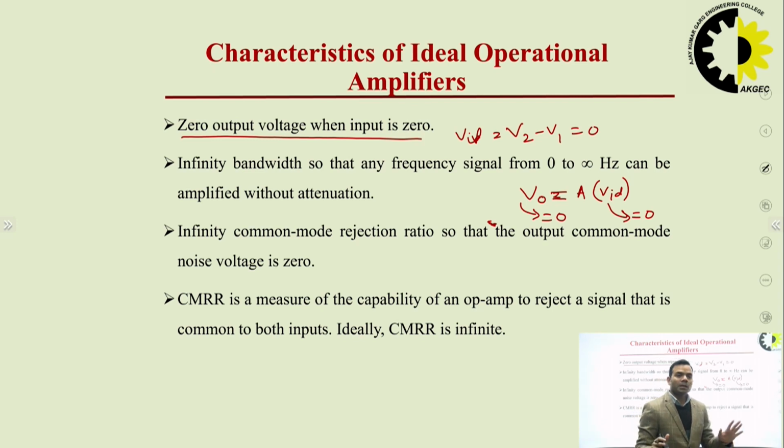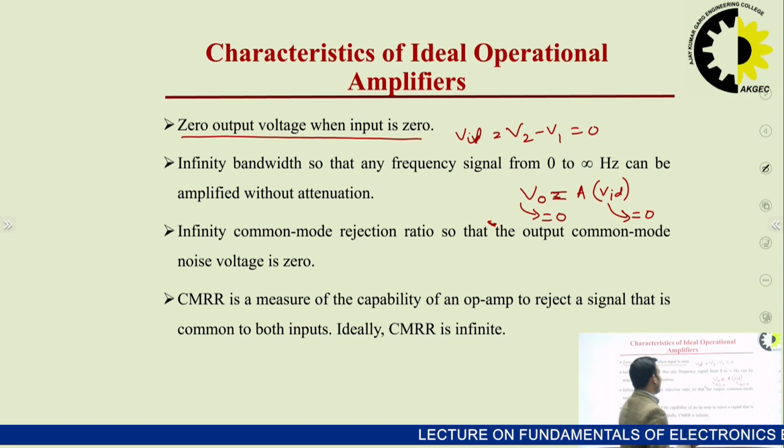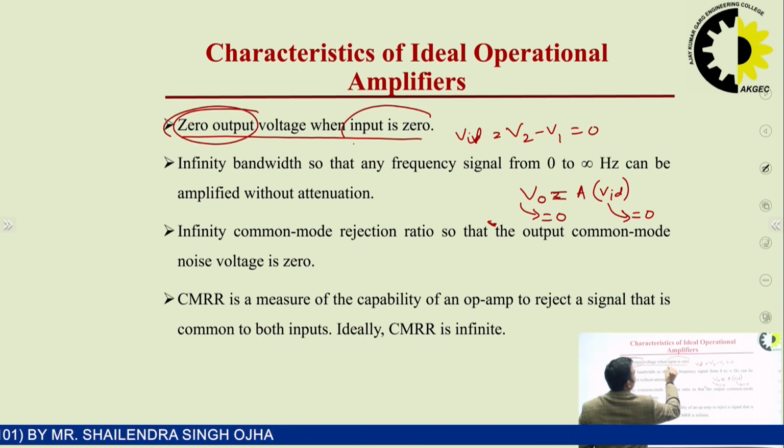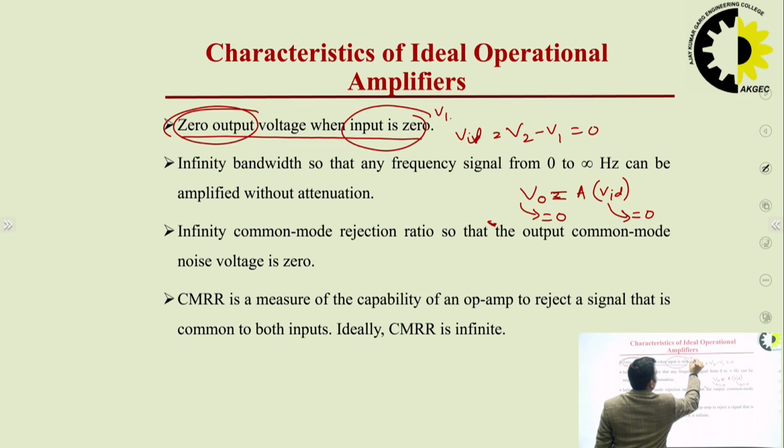Ideally, it is correct. But practically, it will never happen in case of operational amplifier. You will get some small value in output even though we are not applying any input, because we apply supply voltages. Practically, we will get some output. But ideally, we will consider that there will be 0 output if input is 0, if VID is equal to 0 volt. This is another characteristic.